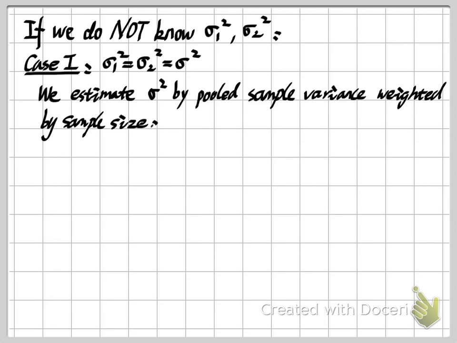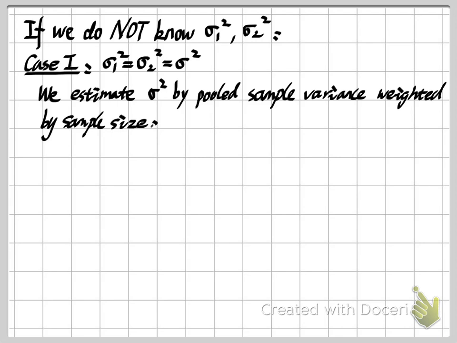It contains valuable information, so we will always try our best to use all of the data. If we only use the sample variance of the first one, we ignore all the information from the second sample. In the opposite case, it's the same: we ignore all the information contained in the first sample. We don't want to ignore any valuable information here.